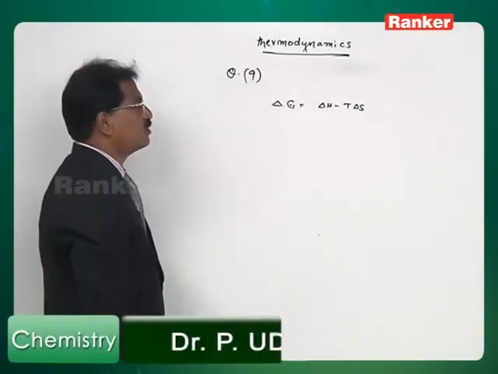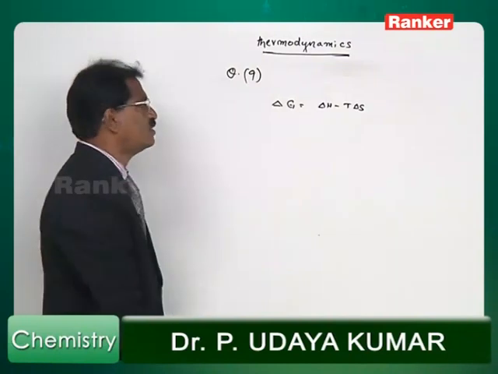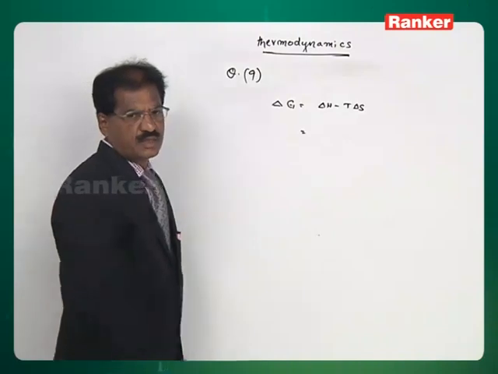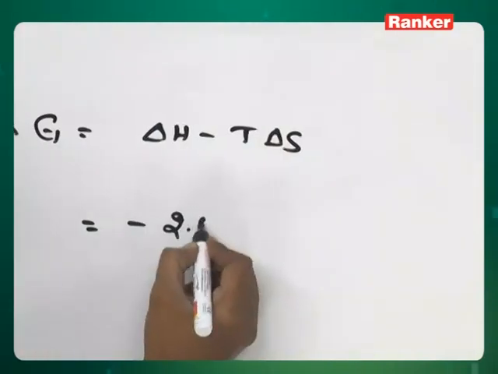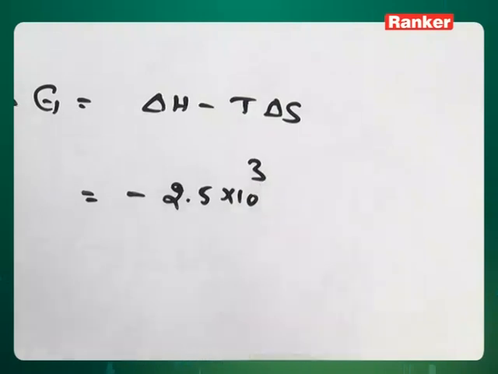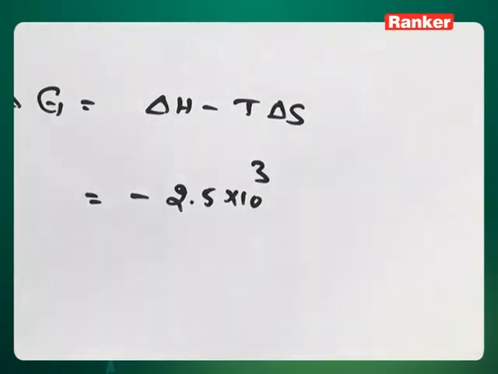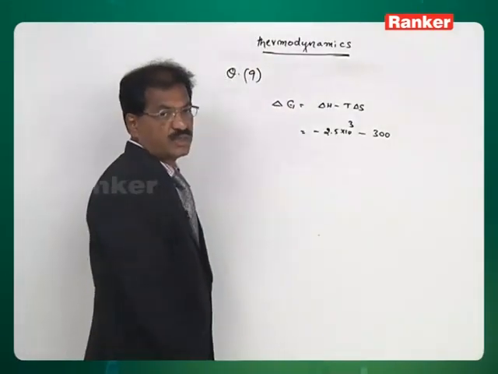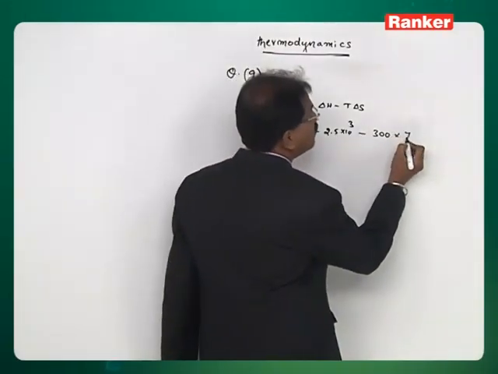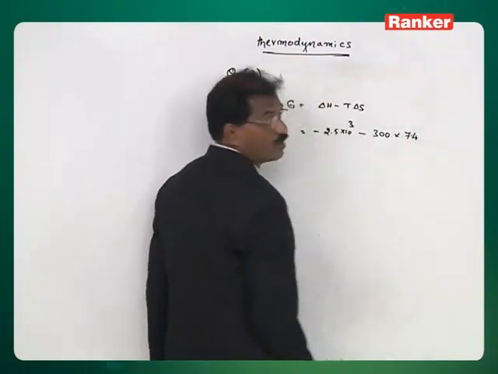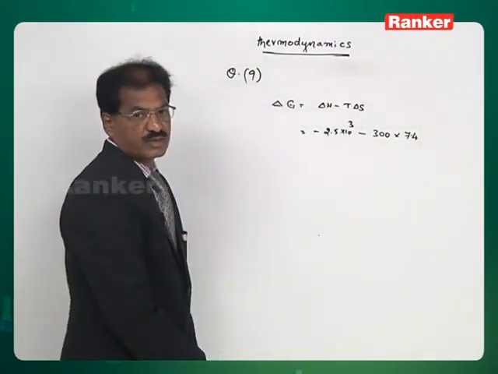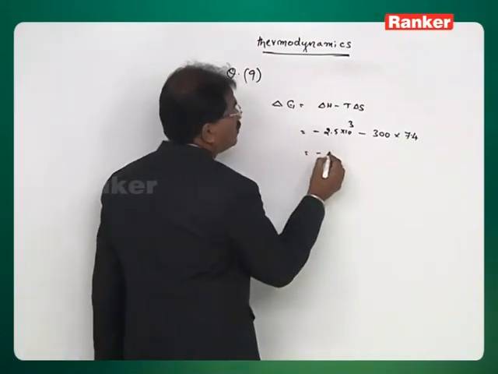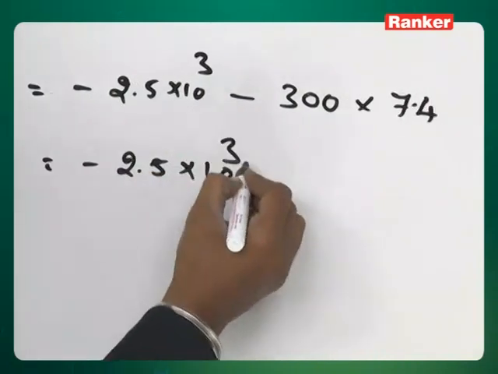This is the expression through which we can calculate the free energy change. Here in the problem, the enthalpy change given is minus 2.5 into 10 power 3 calories. Next, minus temperature 300, next, entropy change. Entropy change given in the problem is 7.4 calories. So you calculate the free energy change. This is minus 2.5 into 10 power 3.